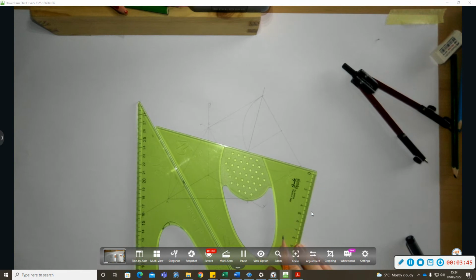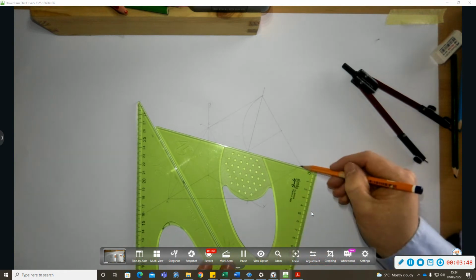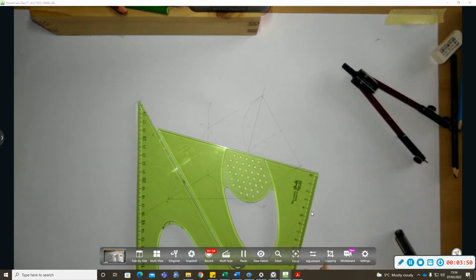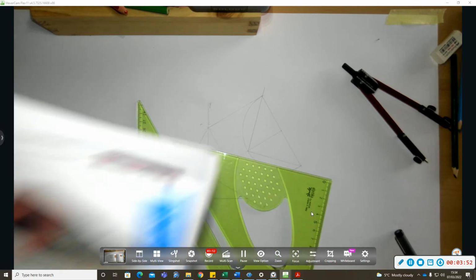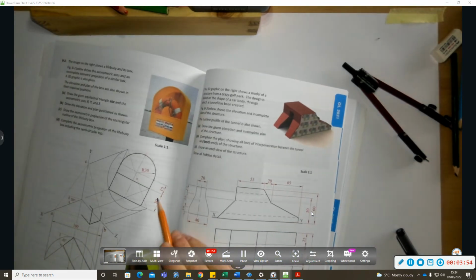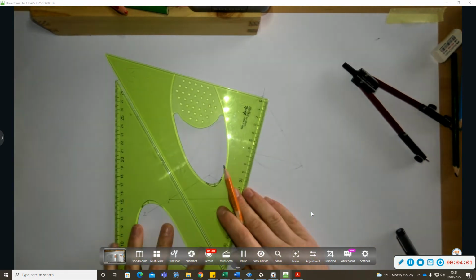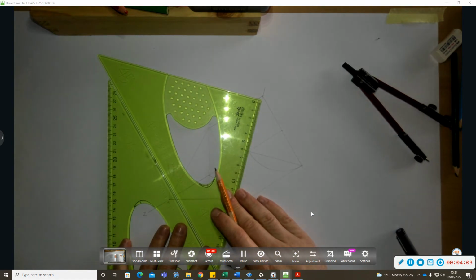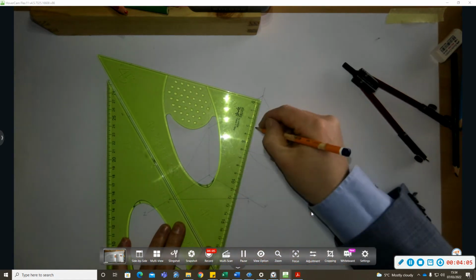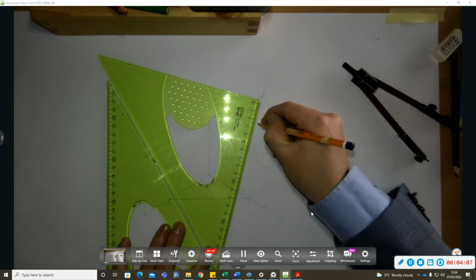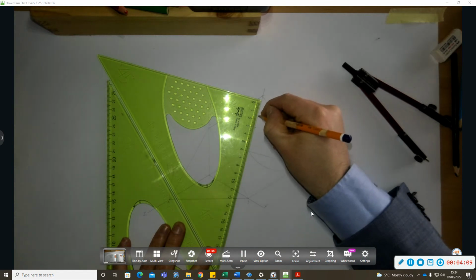So this is me with my 60, 30 and 45 degree set square on top of my 60, 30 set square to get the position of the view. Now it's 30, 15 and radius 30 that are the heights in elevation. So I have 30 here and a further 15.